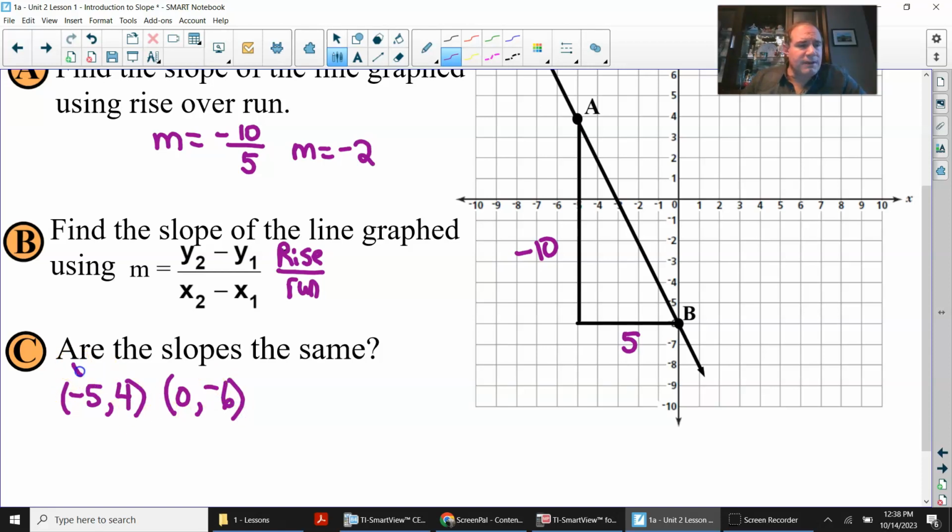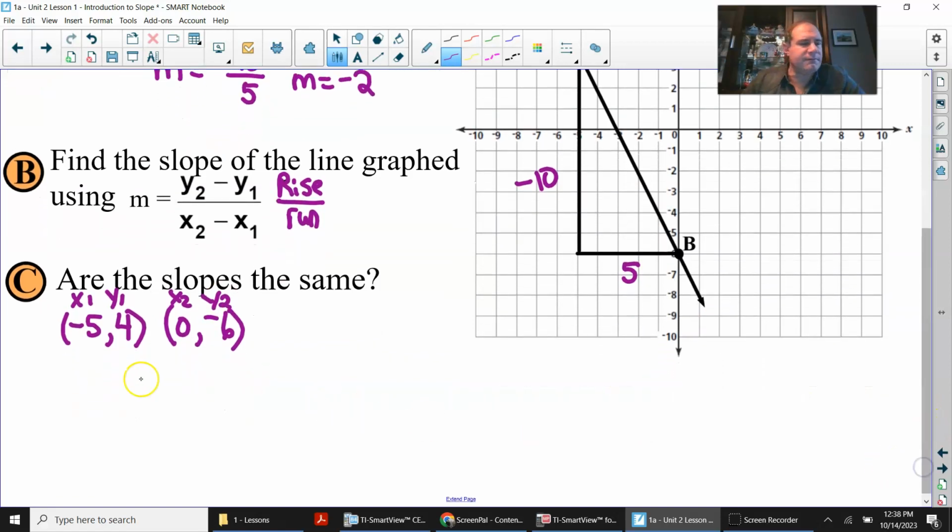All right, so now we're going to label x1, y1, x2, y2. If you do not label, you're just asking yourself to be confused and maybe misplace a negative here and there. Make sure that you're labeling. Make sure that you're writing the formula down.